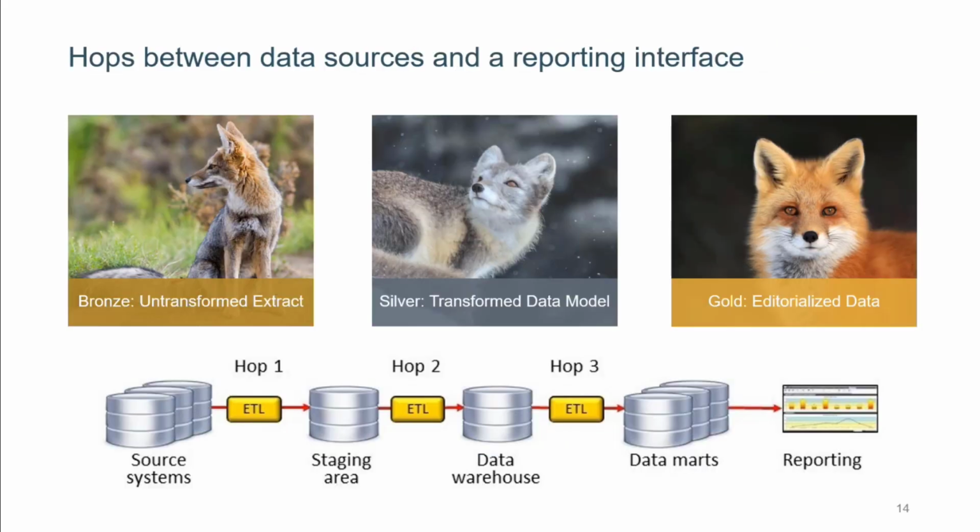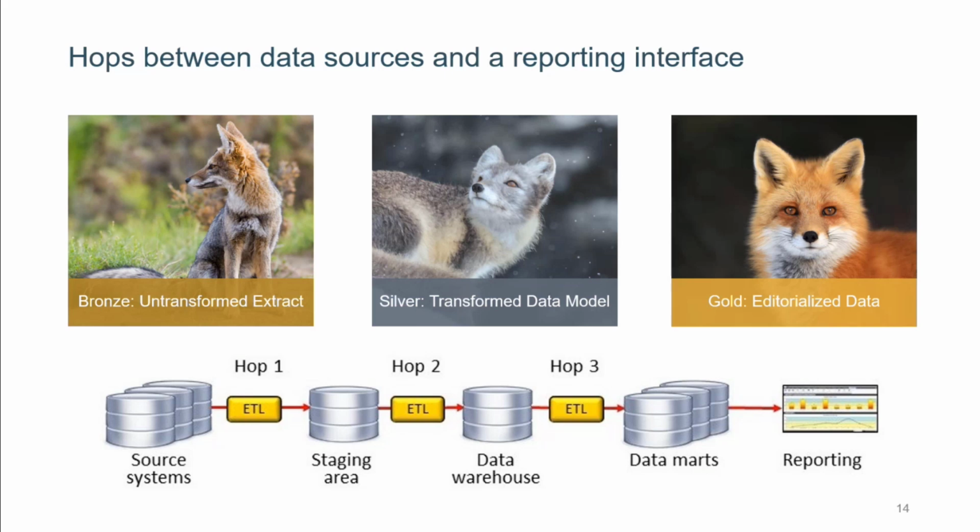So we've got some cute foxes here. Let's break up our data pipeline into these tiers. On the left, we've got the untransformed extract. Again, we're talking about an ELT pipeline as opposed to an ETL, so we're extracting it and then we're loading it.